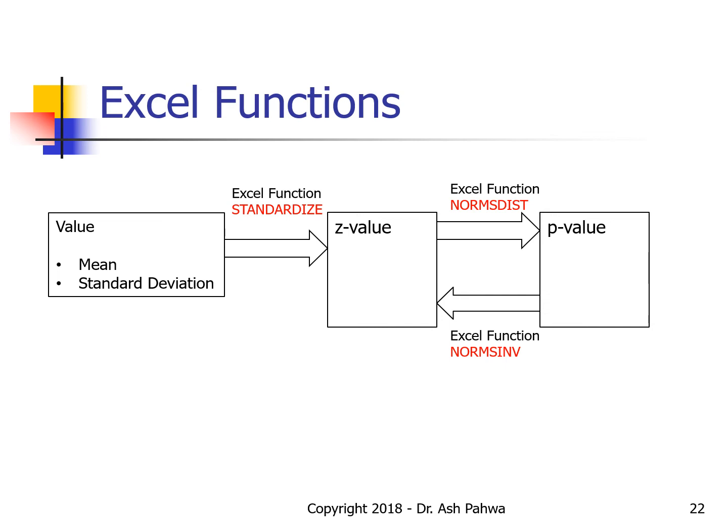Now from the z value, you can compute the p value by a function called NORM.S.DIST, which basically means normal standard distribution. And then from the p value, if you want to get your z value back, you use the inverse function, which is NORM.S.INV, the normal standard inverse function. So you can get the p value from the z value and the z value from the p value.